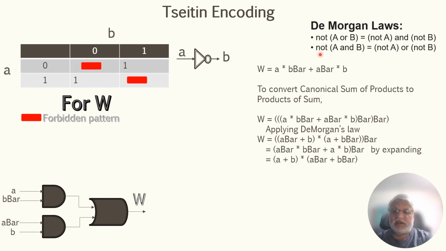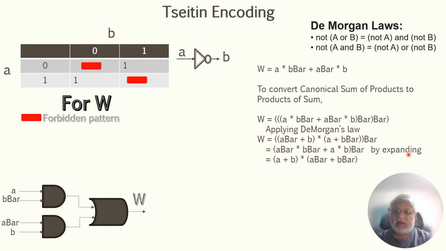Now applying De Morgan's law, we know that not of A or B is equal to not A and not B, and not of A and B equal to not A or not B. So applying one bar here, A became A bar and the OR became AND, B bar became B using this equation. Similarly, this part became A, the AND became OR, and then this became B bar. Now we have to resolve this one.